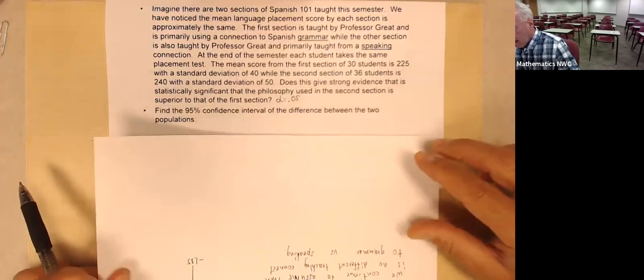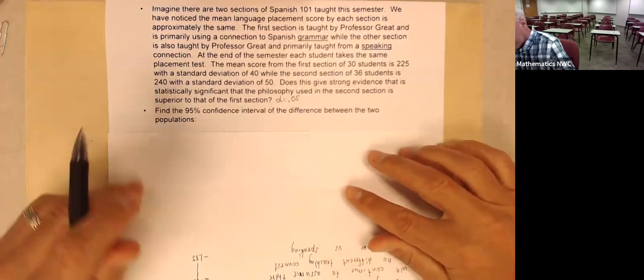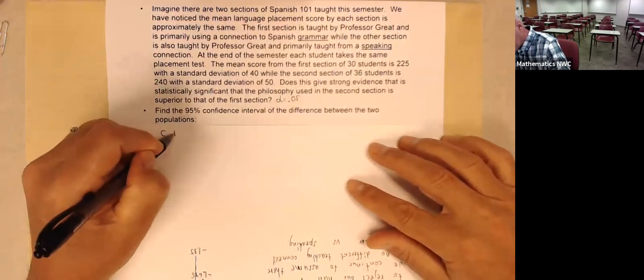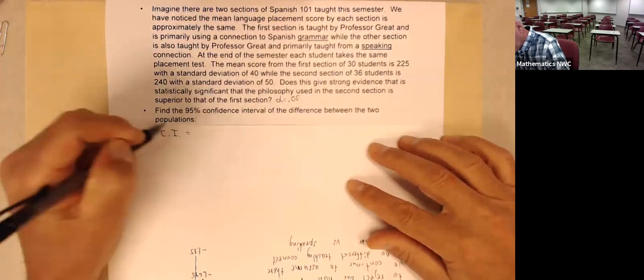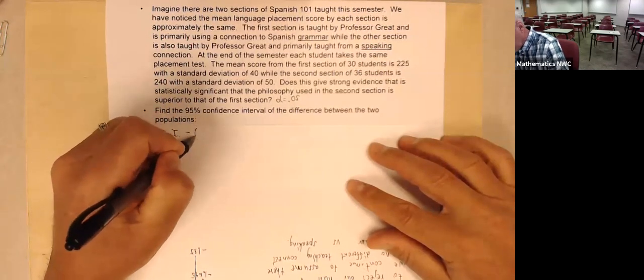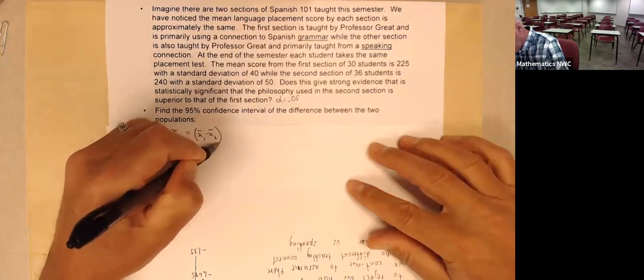Okay? I'd like to find a 95% confidence interval for that. And again, showing you one example there. Confidence interval. It's going to be the difference between the two means. You've seen this formula, you already have it written down.